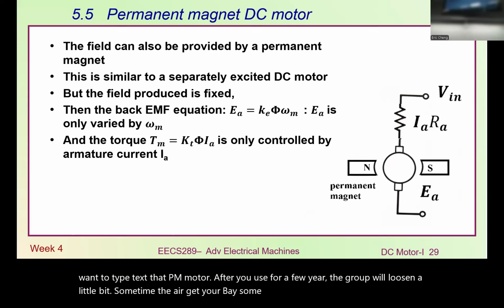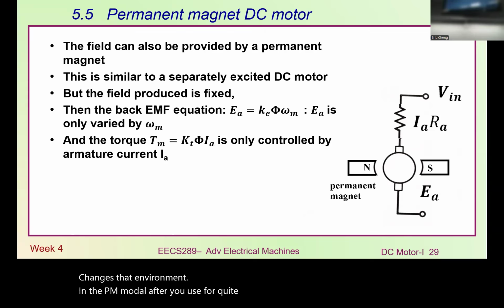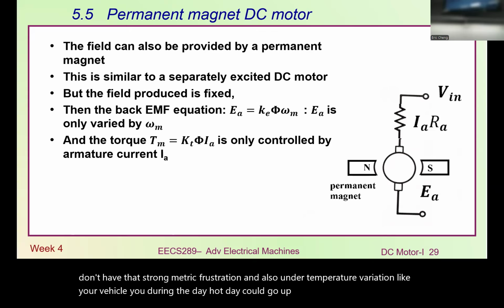So that means a PM motor may be a good motor, but it is sensitive to the environment. And in a PM motor, after you use it for quite a while, demagnetization may happen. You don't have that strong magnetic thrust. And also under temperature variation, like a vehicle, during a hot day it could go up to 60 degrees. At night, it can be minus 20 degrees.